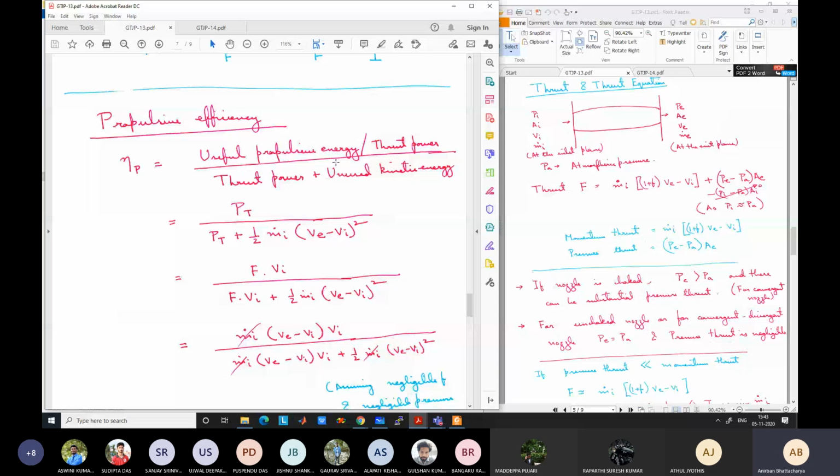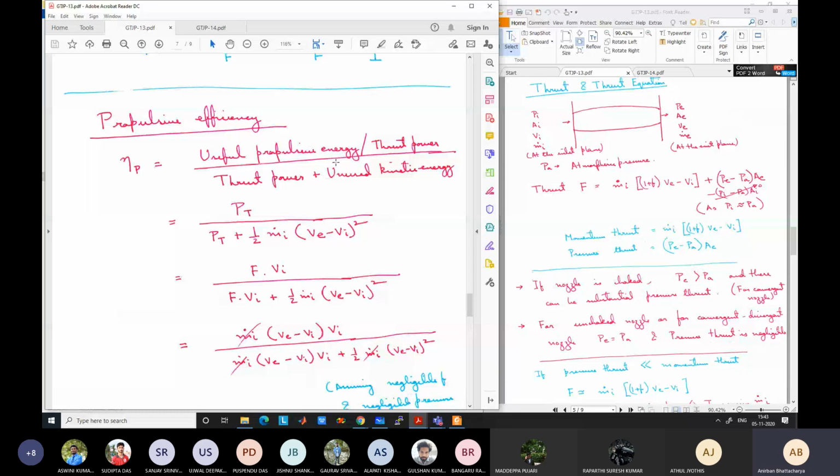Let us consider the energy conversion as a two-step process. Initially, you have some chemical energy in the fuel, and the engine converts some part of this chemical energy into work for the turbine, which is used for running the compressor.